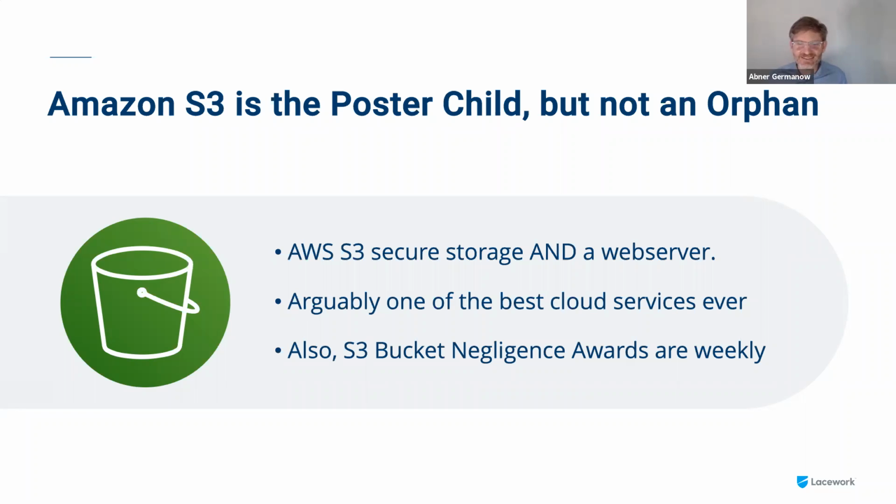The thing about S3 is it's both secure storage and a web server, which is amazing and wrong, and really cool. But it's a configuration that you have to get right, and a lot of people get it wrong. Corey Quinn's Last Week in AWS newsletter talks about bucket negligence awards pretty much every week, so this is a service where there's just a lot of power.